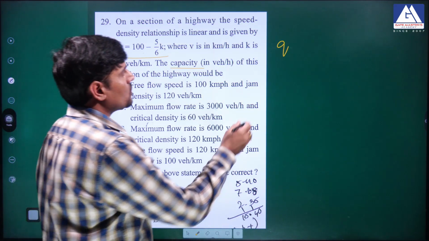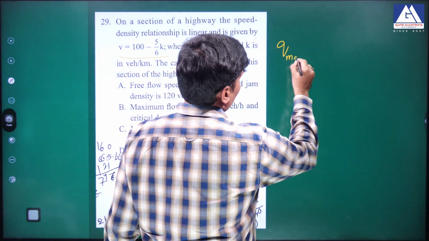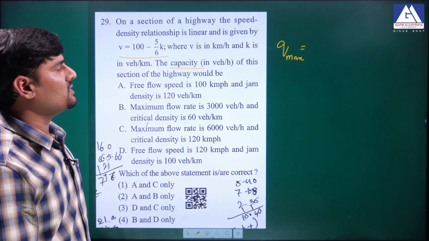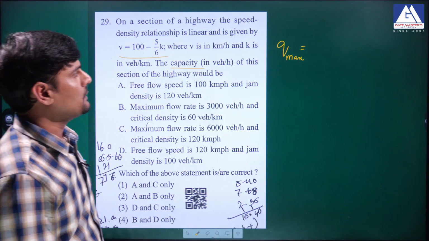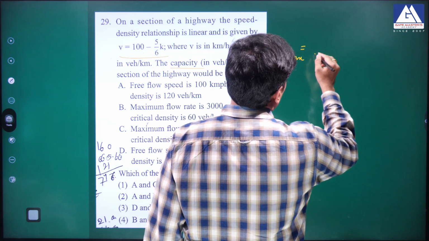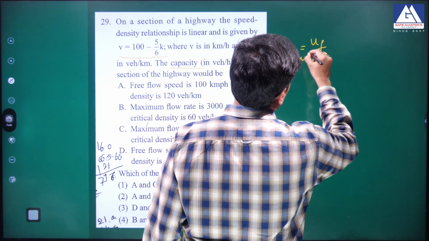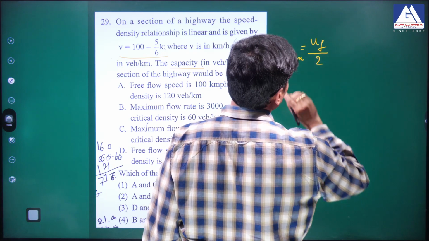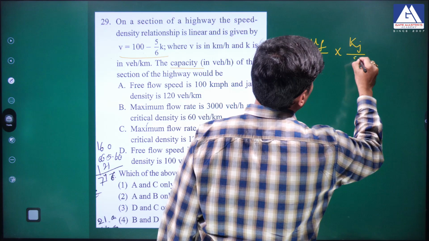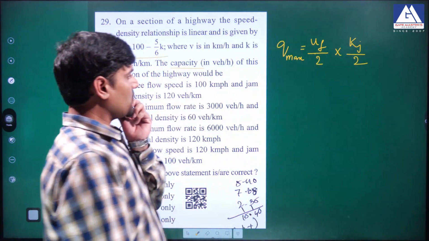Since we have seen the fundamentals of traffic engineering, the basic relationship between flow, speed, and density earlier for the first question, where Q max is equal to UF, that means free flow speed, divided by 2 into Kj by 2. Sir, how did we get this equation?